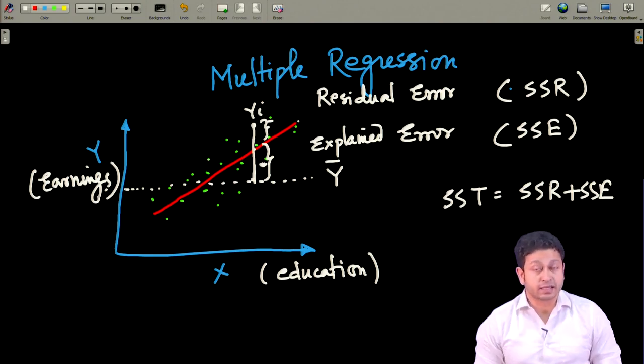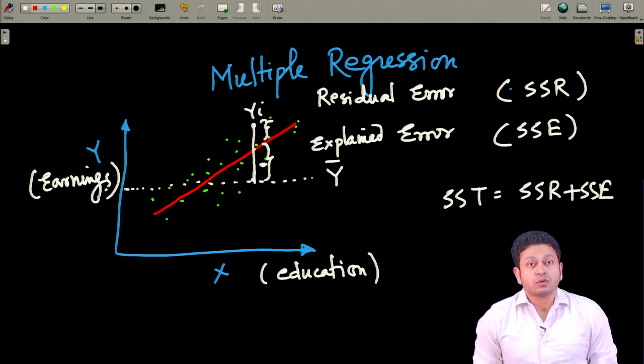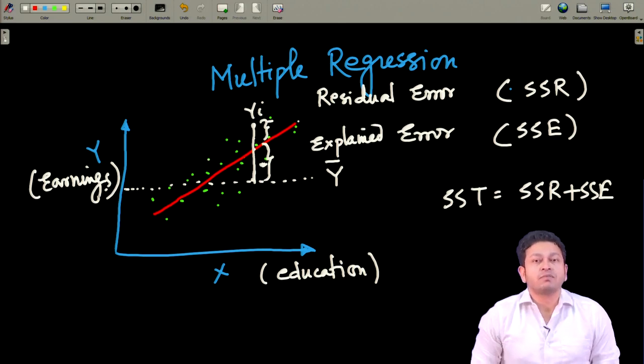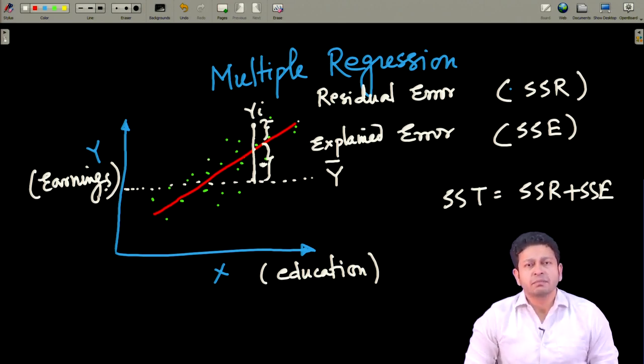But suppose we want to have more than one explanatory variable, let's say experience, because I know from my knowledge that people who have more work experience earn more. So it is not just the education but also the experience which matters when it comes to earnings.